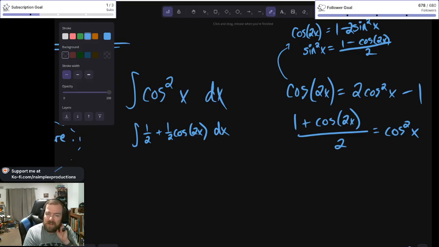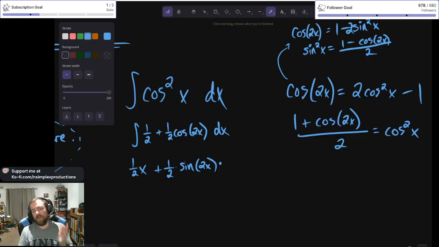Then if we take the integral of 1/2 dx, that's just going to be 1/2 x, plus c, but again, we deal with that later. Plus 1/2 times the integral of a cosine, which is a sine. We have the 2x here, but then we need another 2 from the chain rule.